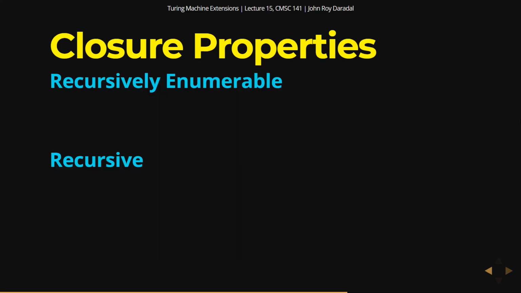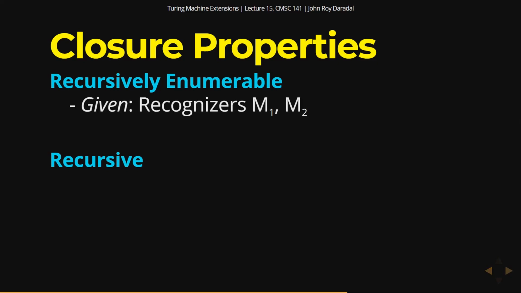Before that, we need to figure out how to prove that the operation we are talking about is closed under a certain language. For recursively enumerable languages, we will use recognizers, because those are the Turing machines that represent them, not pushdown automata. So you have two recognizers, M1 and M2, and their output will also be a recognizer.